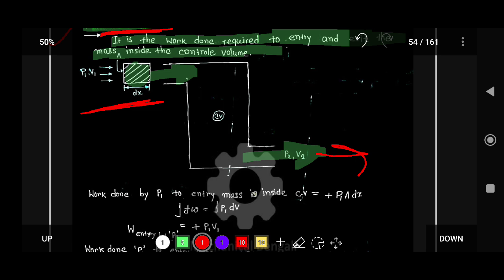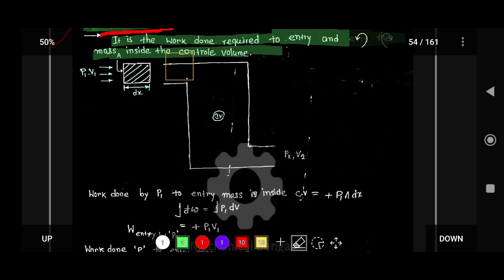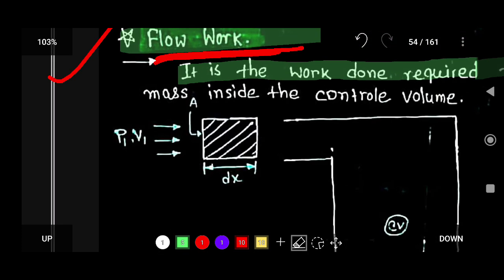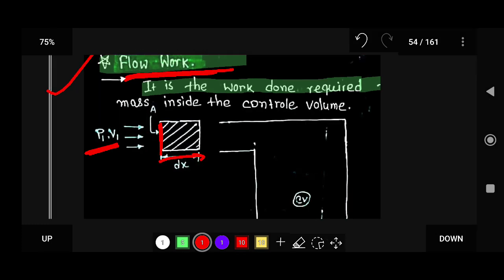Okay, now suppose consider this is a small element, and this area is A, the pressure is P1 and the volume is V1, and the element is moving from this point to this point through a distance dx.